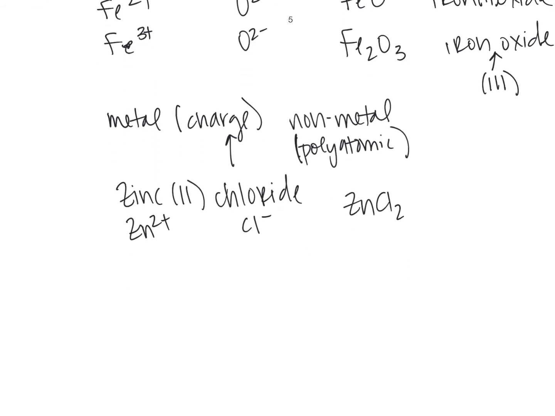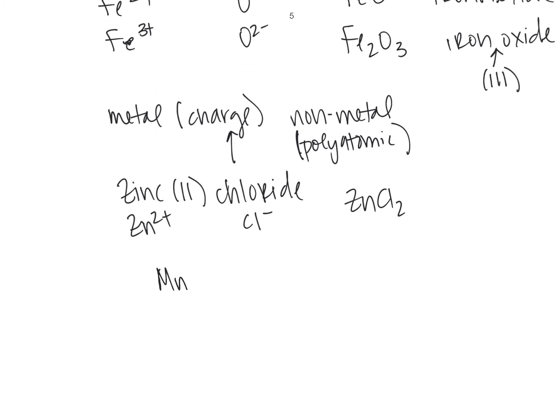So if instead we had manganese oxide, let's do a different example. We can look at this and we know that oxygen has an O2 minus charge. Because we know the ratio of these is 1 to 1, that means that this has to have a 2 plus charge.